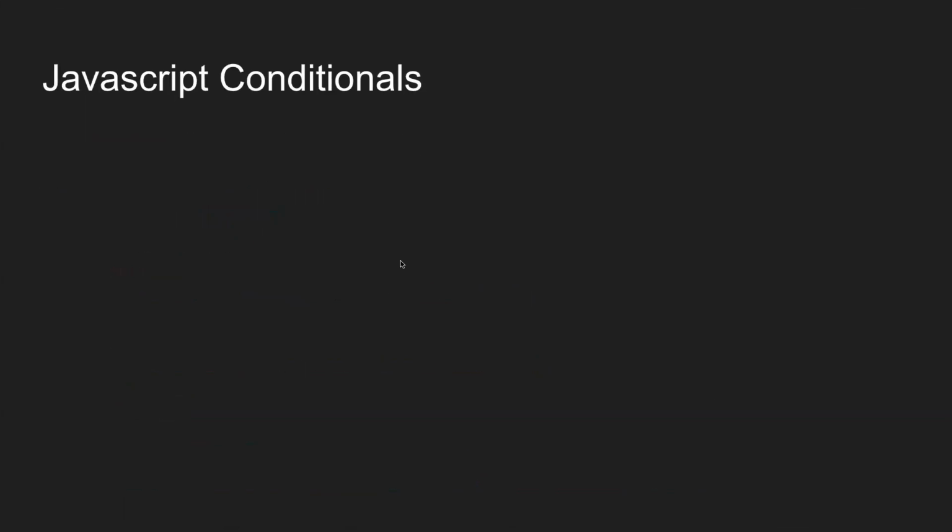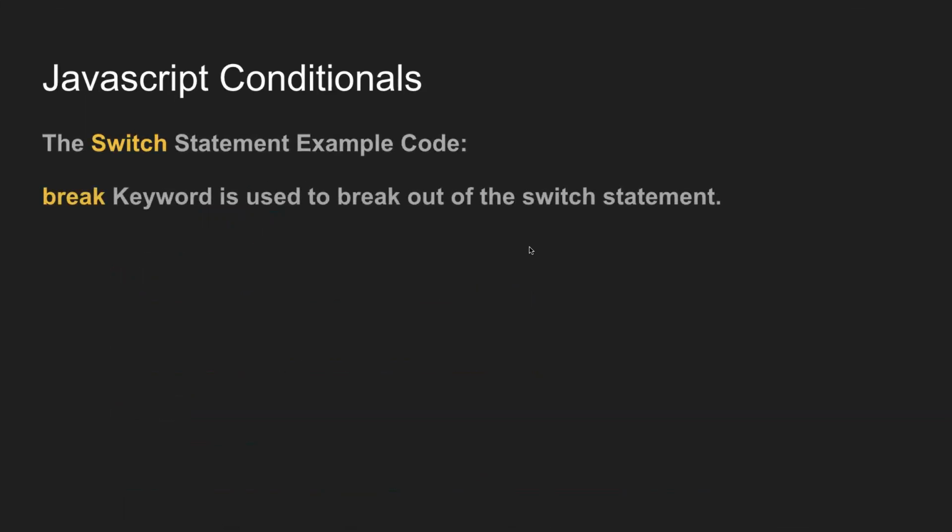Okay, let's go ahead and talk about the break statements in this code. So the break keyword is used to break out of the switch statement. Now, I talked about that a few moments ago. When you enter a case and it matches the criteria on type and value, it's a good idea to always include a break statement.